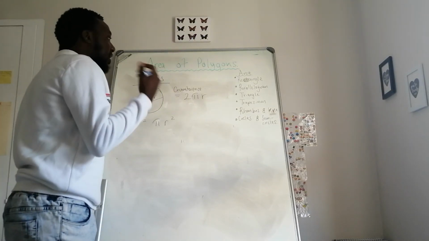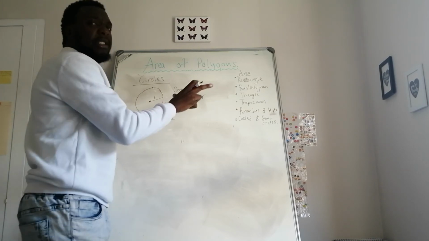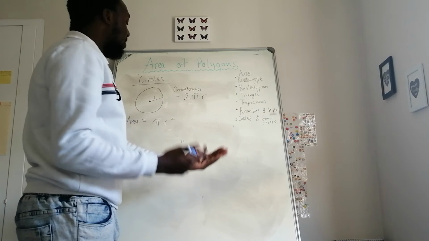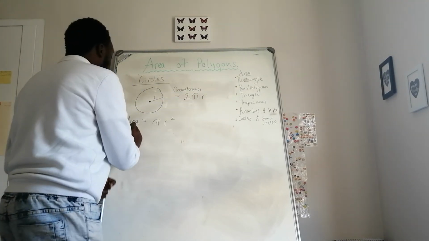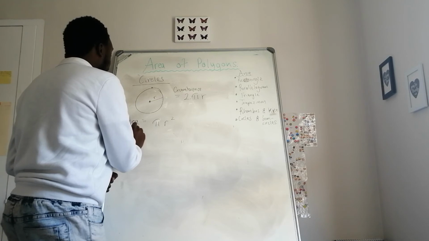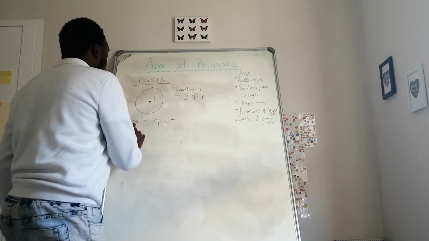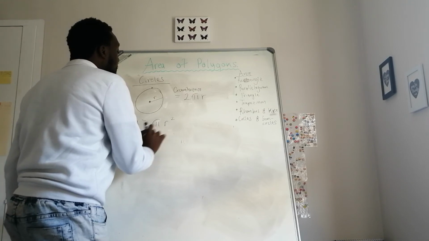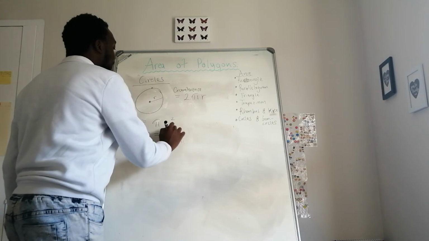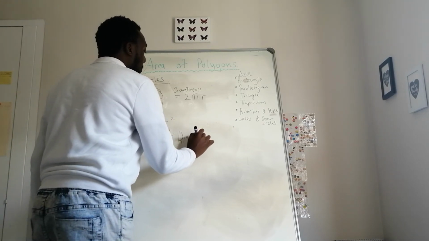But sometimes you're given a circle where you're given the diameter instead. So now you need a relationship between diameter and radius. The relationship is, let me write it in terms of radius: radius is equal to half of diameter.